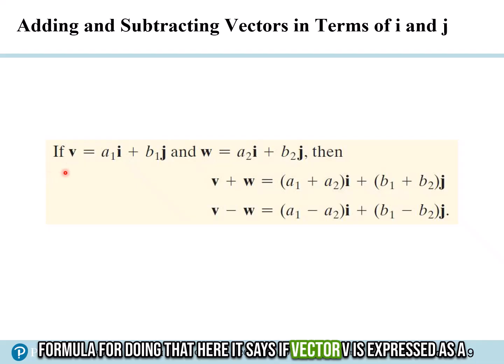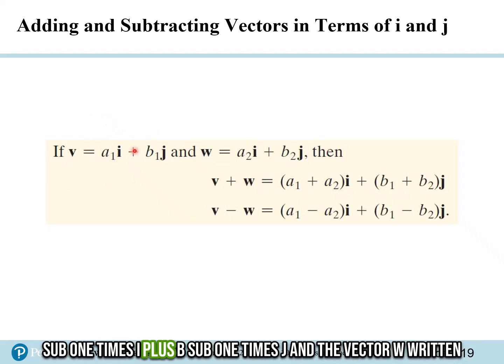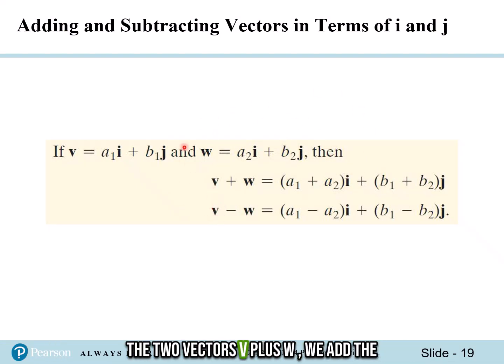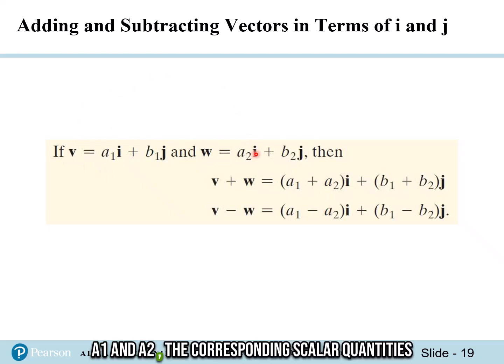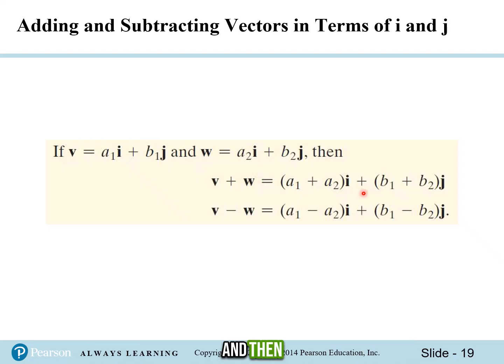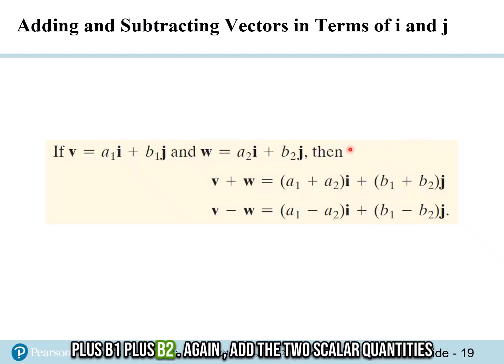Here it says if vector v is expressed as a sub 1 times i plus b sub 1 times j, and the vector w written as a sub 2 times i plus b sub 2 times j, then when we add the two vectors v plus w, we add a sub 1 and a sub 2, the corresponding scalar quantities for vectors v and w that go with the unit vector i, and then plus b sub 1 plus b sub 2.